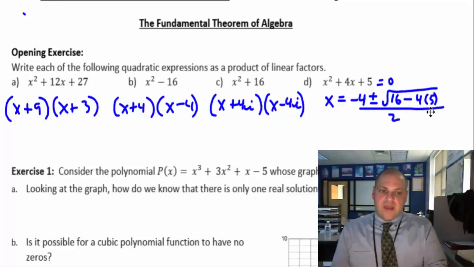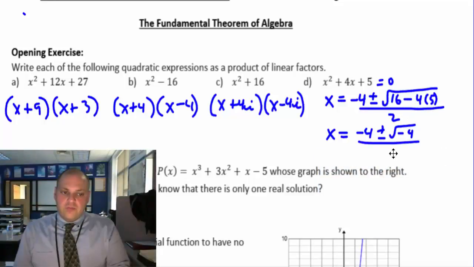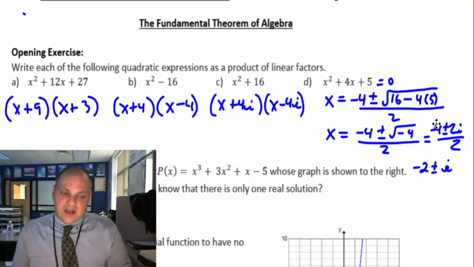And you see how it's going to be imaginary. Negative 4 plus or minus the radical of negative 16 minus 20, over 2. So this is going to be 2i: negative 4 plus or minus 2i over 2, and then divide by 2, negative 2 plus or minus i.